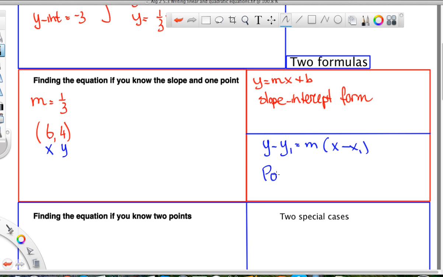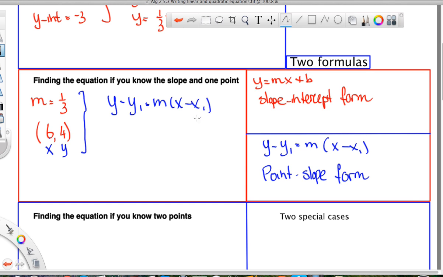So this is the point-slope form. And I think it's a little easier, and hopefully you'll see here in a second why. So if we look at y minus y1 equals m times x minus x1, then the slope goes where the m is. So the 1/3 goes over here. And then here it says x minus x1.